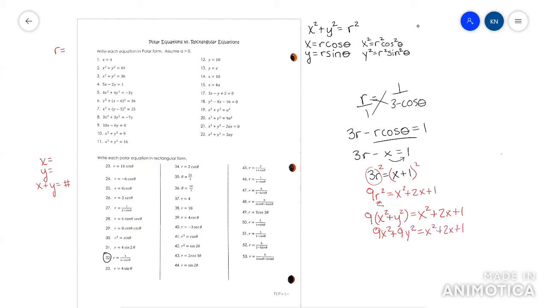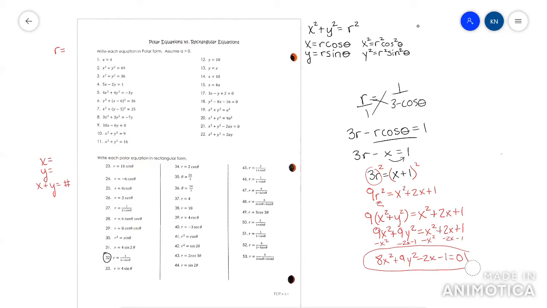And then I would probably make it equal to 0. So I would subtract this stuff, like minus x squared and the rest of it. So it would look like 8x squared plus 9y squared minus 2x minus 1 equals 0. That would probably be my answer. That's kind of a tricky one.